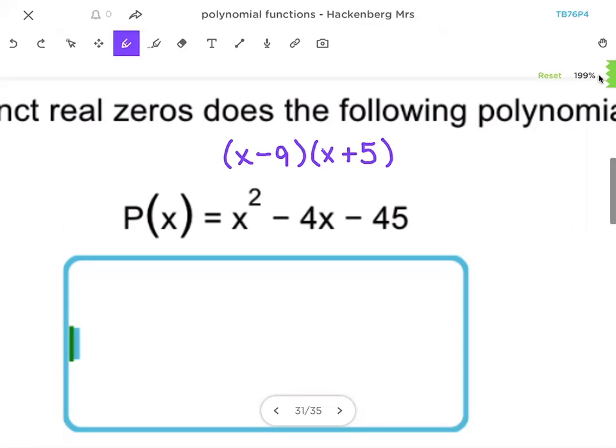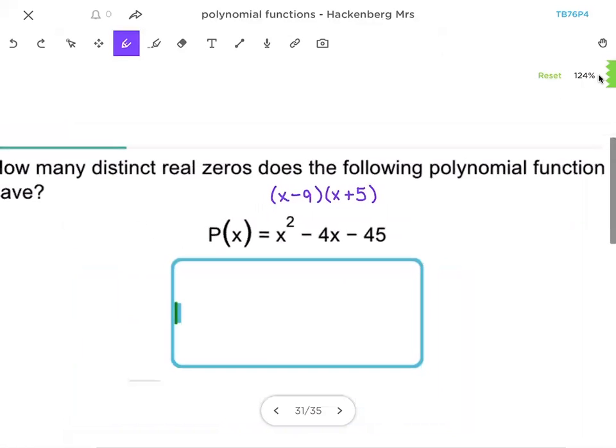I get a 0 at 9, I get a 0 at negative 5. It says how many are there? There's 2: 1 at negative 5, and 1 at 9. But we had to think about how that would get factored.